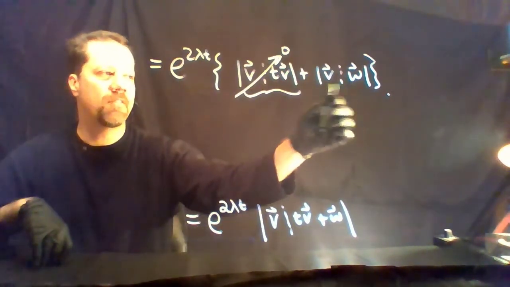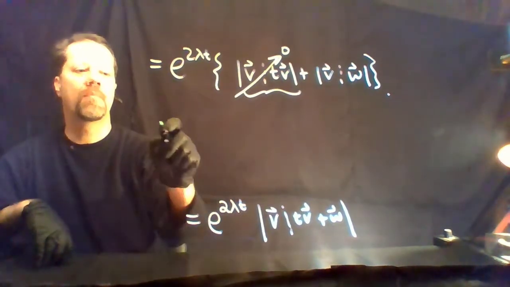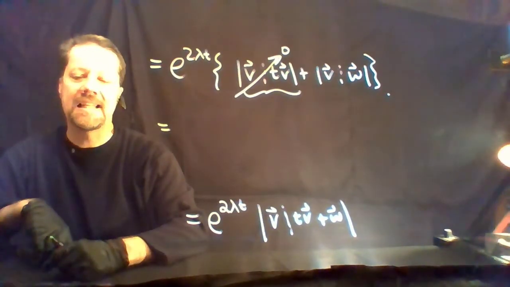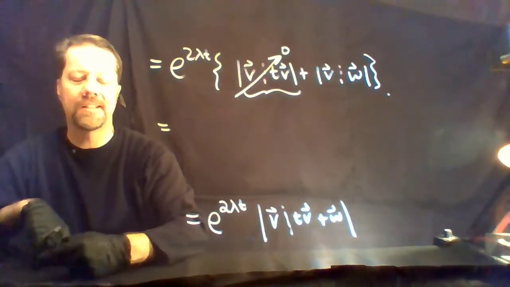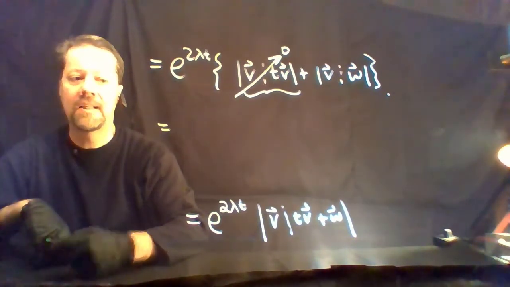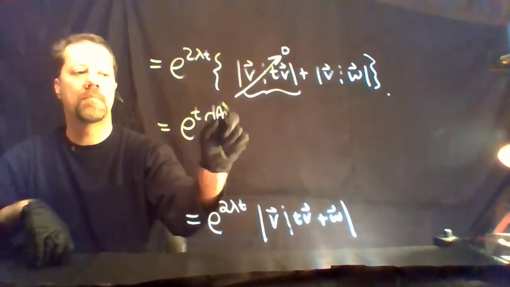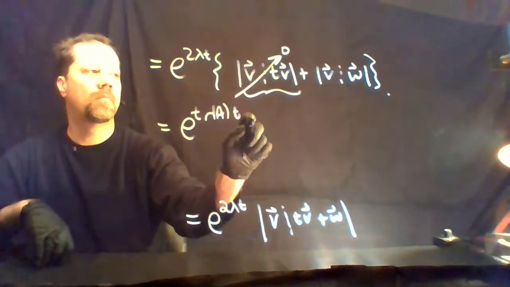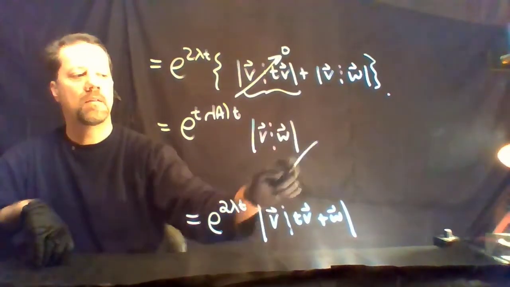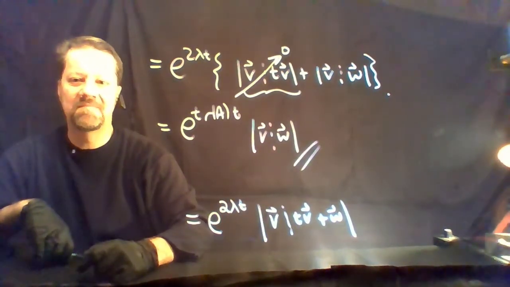Whereas, since v and w are linearly independent, this will not be 0. Also, in this case we had a repeated eigenvalue, lambda and lambda. The trace of the matrix is equal to the sum of the eigenvalues, and so the trace of the matrix will be 2 lambda. Since this is a constant not equal to 0, the proof is complete.